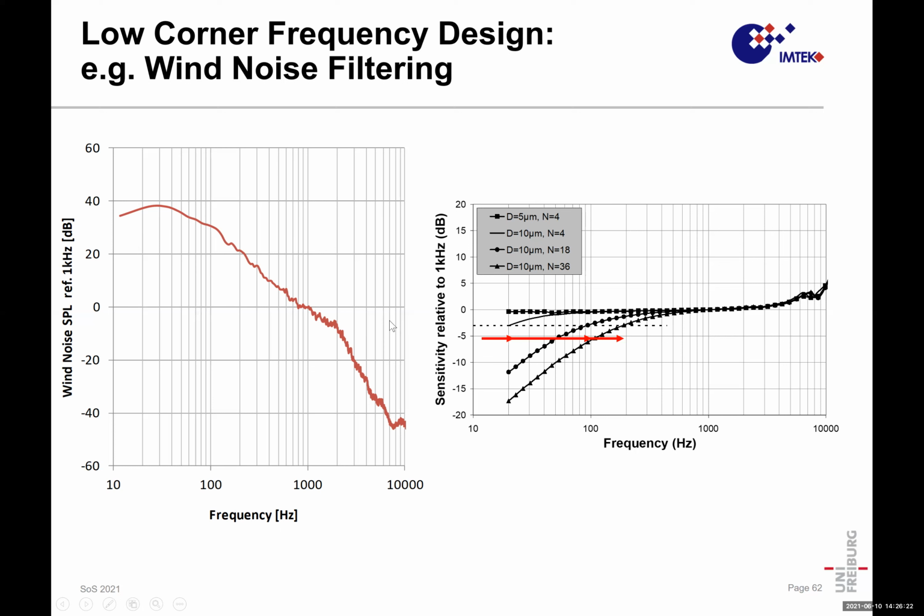And if you look at the microphone where we change the ventilation design, so the holes in the membrane which allow ventilation, we make more of them, we increase the diameter of those holes, so we can eventually design a device with a corner frequency of say 100 Hertz.